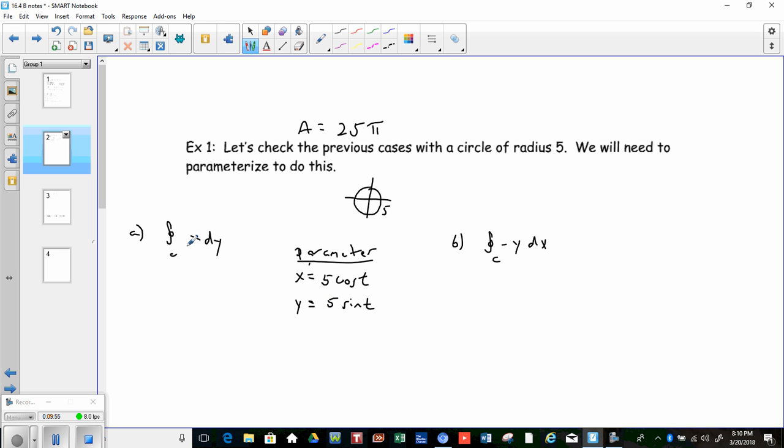So now when we go to do letter A, because this is going to be in circles, we're going to do polar. So it'll be the integral from, let's see, we're going to go all the way around the circle, so it's 0 to 2 pi.